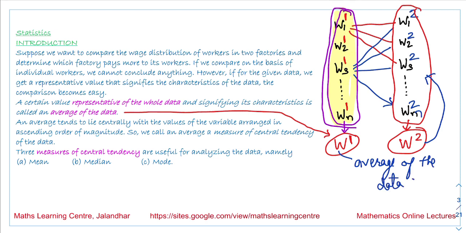Now when we are talking about the average of this data, it has the property that this W1 will lie within the range of these values.